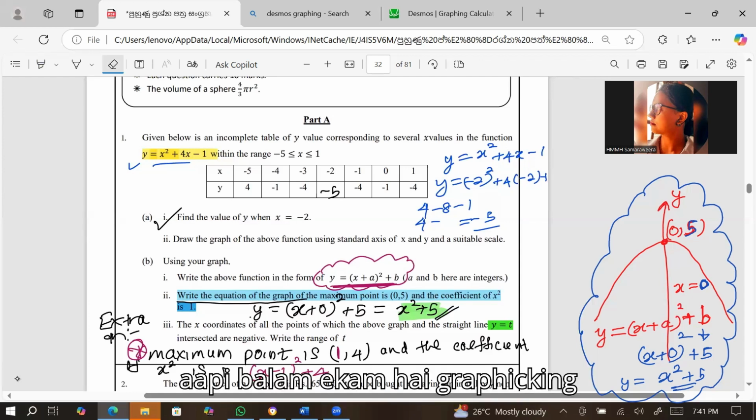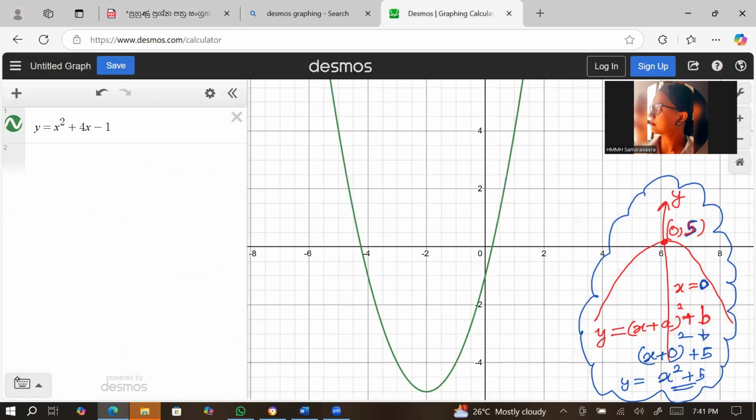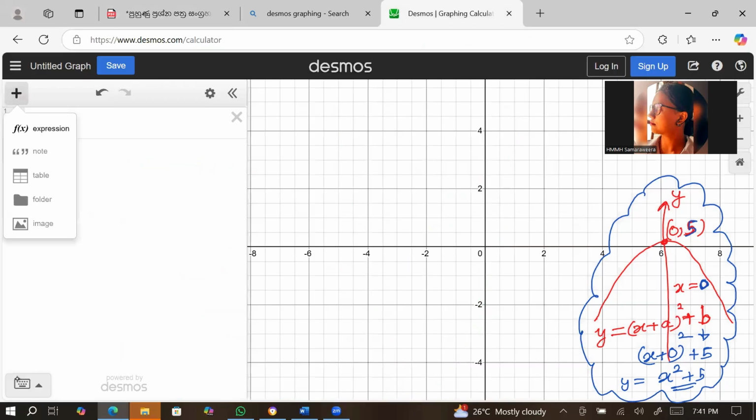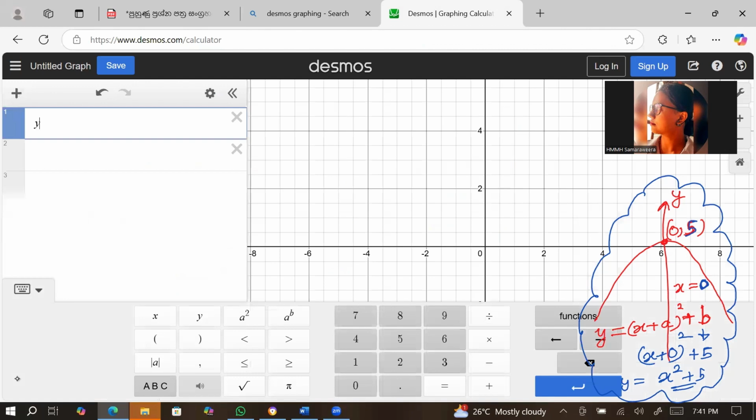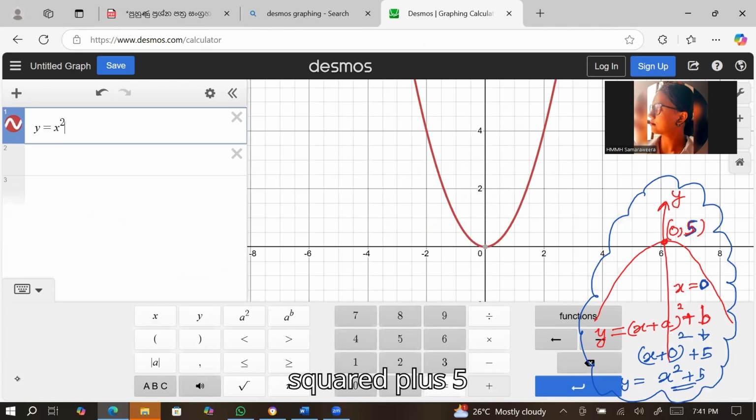Let's look at it with the graph. y equals x squared plus 5.